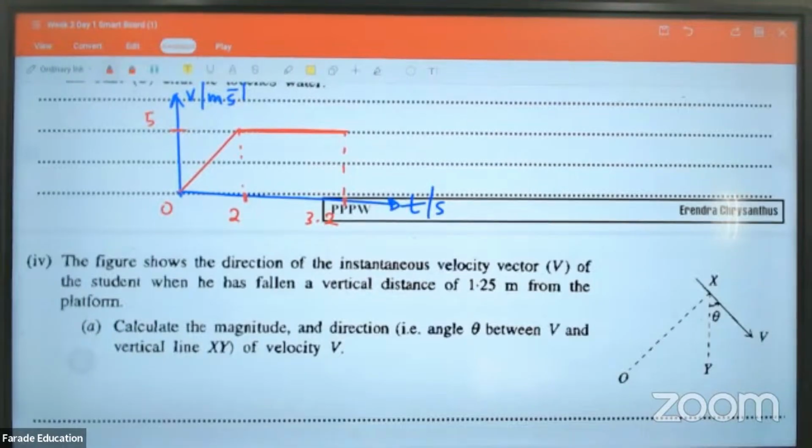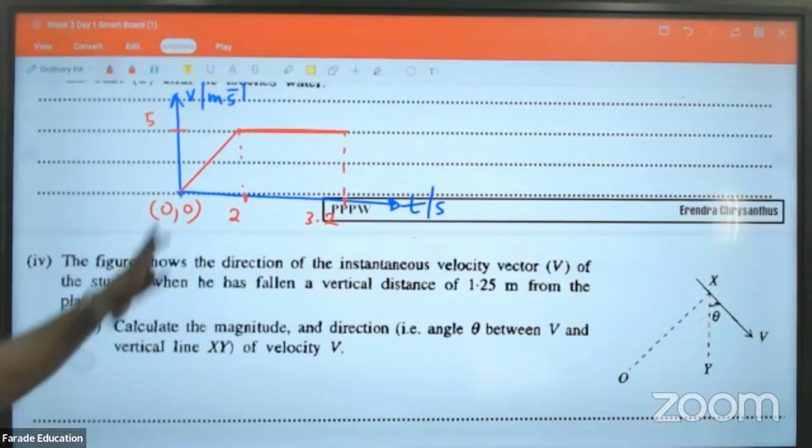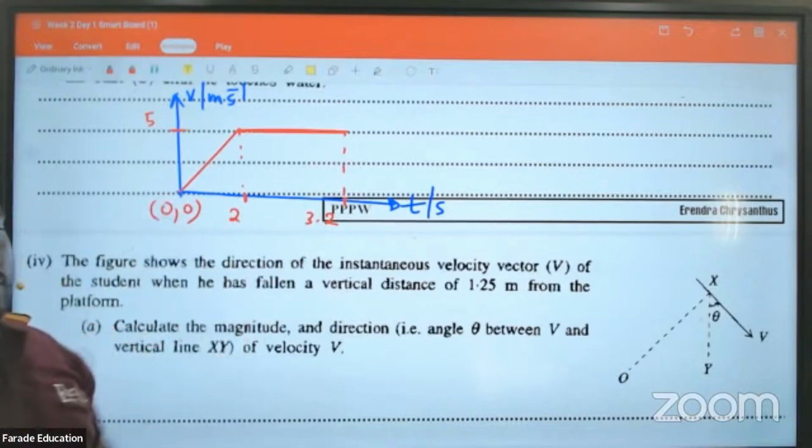Again, look carefully: 2 seconds and 3.2 seconds. Carefully mark them because they will give you marks for the axis. Proportionality, don't worry.